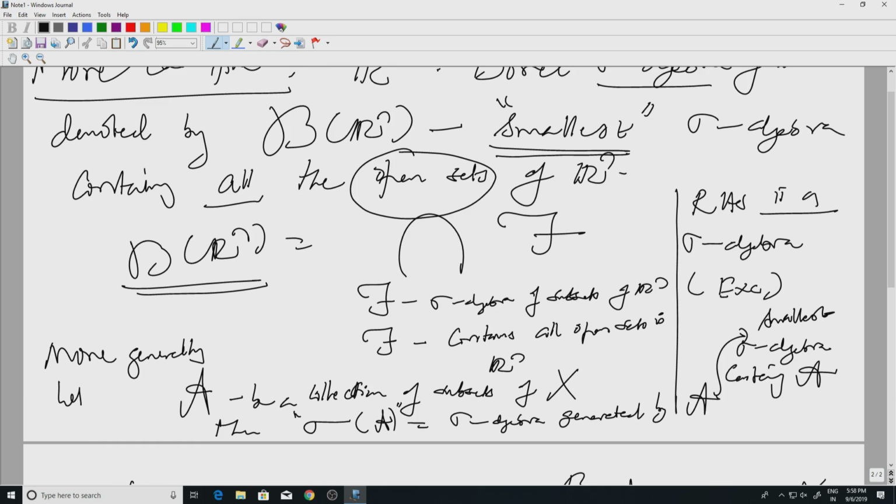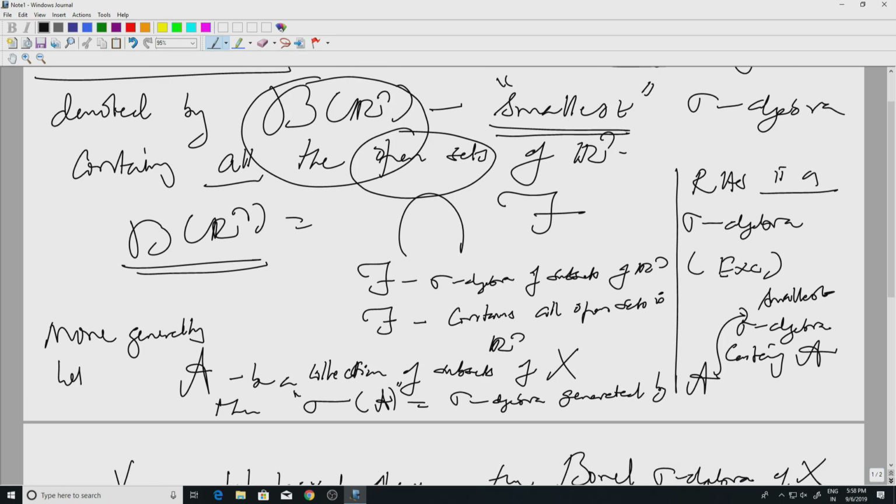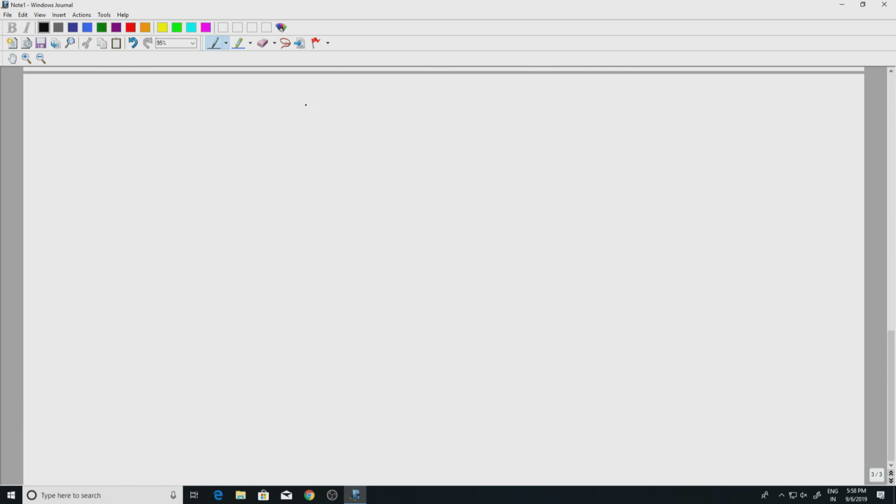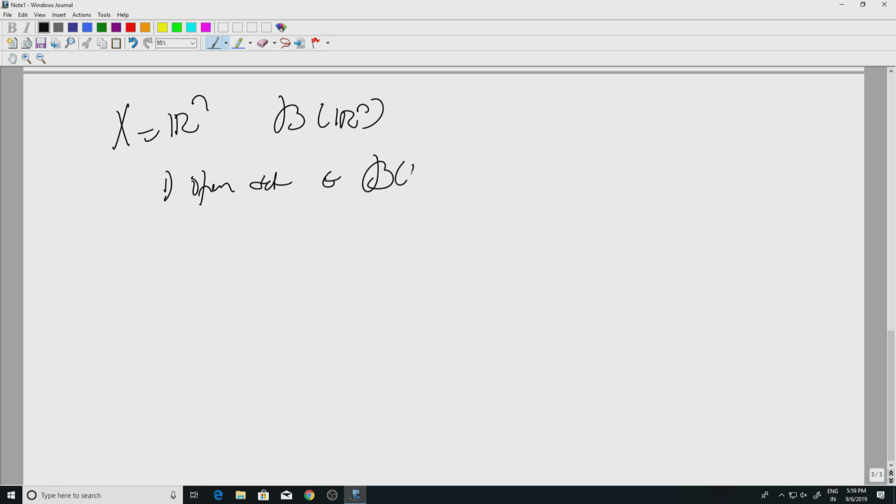So, what are the sets that will be contained in B of Rn? Let us look at that a bit more closely. Let us say X is Rn and I am looking at the Borel sigma algebra of Rn. Any open set is an element of B of Rn, right, open balls and things like that.